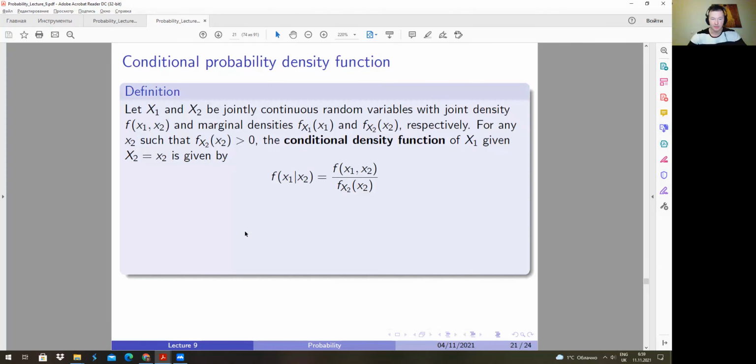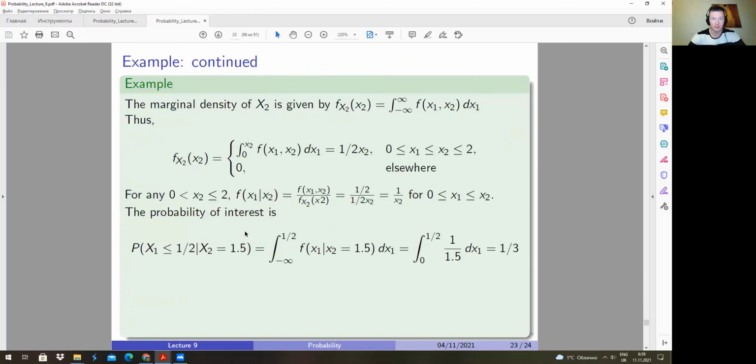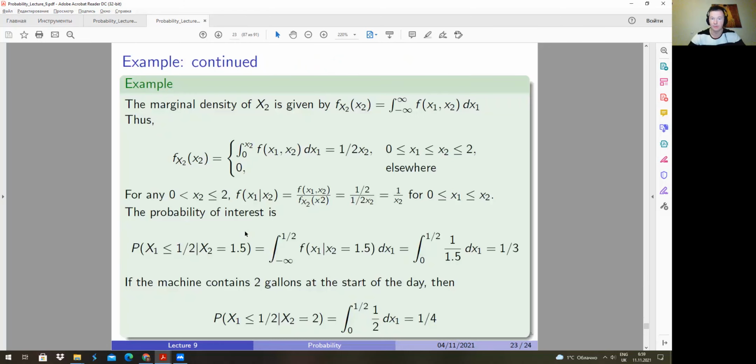So yes, here I showed you an example of a conditional probability, and we finished with this. So 3 important objects: joint probability functions, either cumulative distribution or probability density or mass function, marginals, and conditional probabilities. Once again, are there any questions about it?